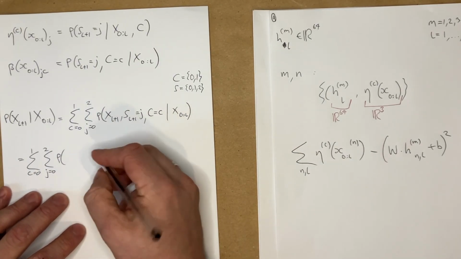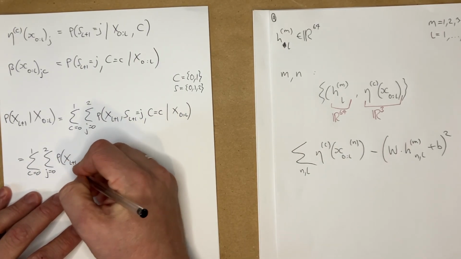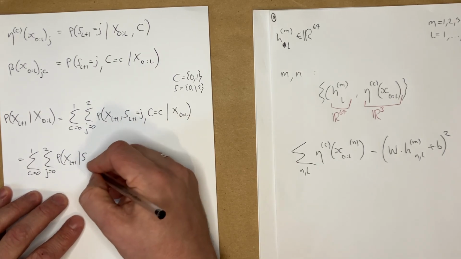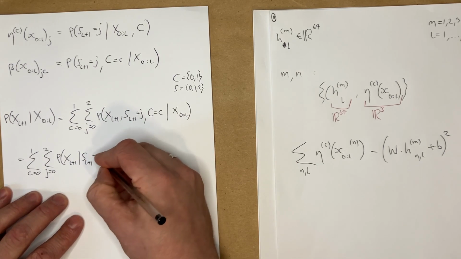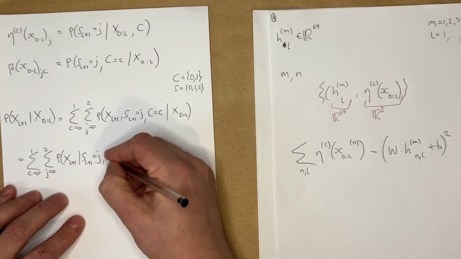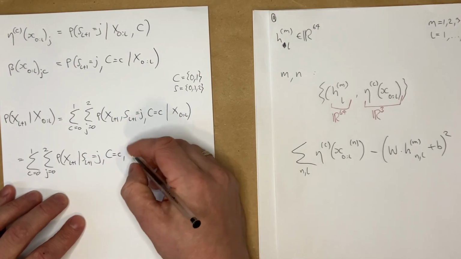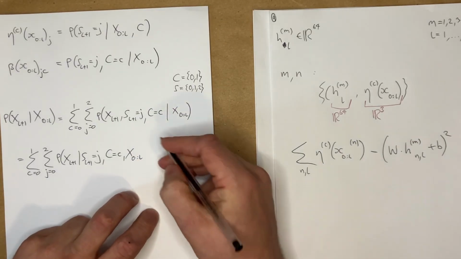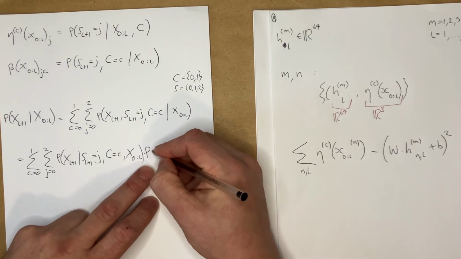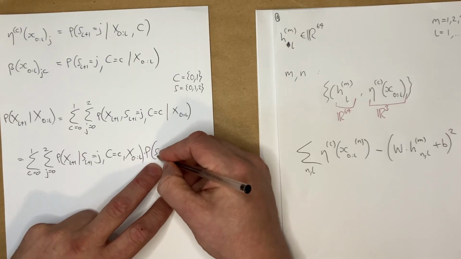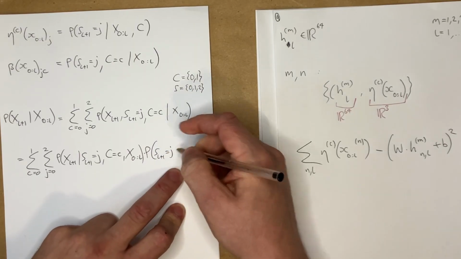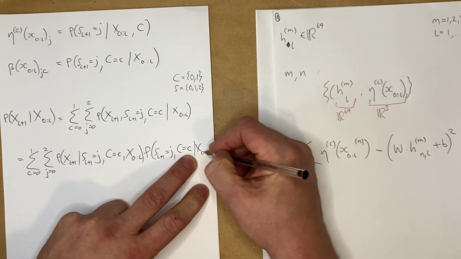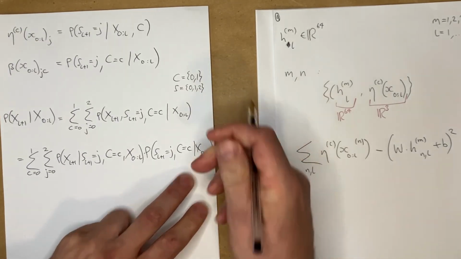So: the probability of X L plus 1 given S L plus 1 equals J and C and the tokens up to L, multiplied by the probability of the hidden state at L plus 1 equals J and the component C, conditioned on the tokens up to L.